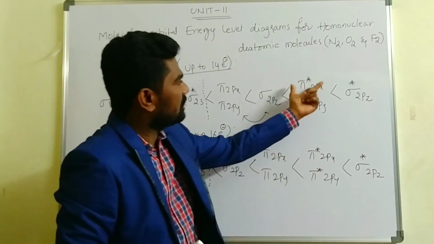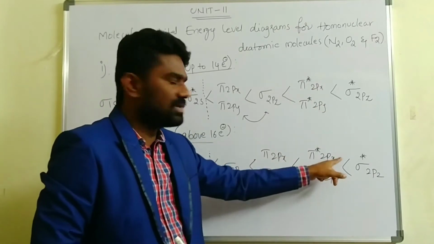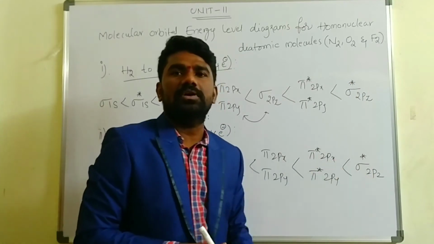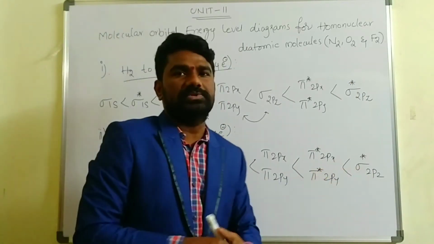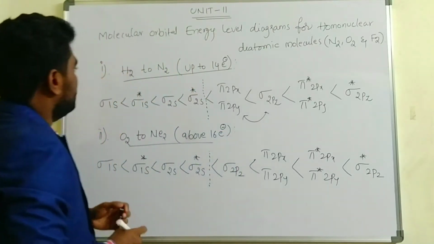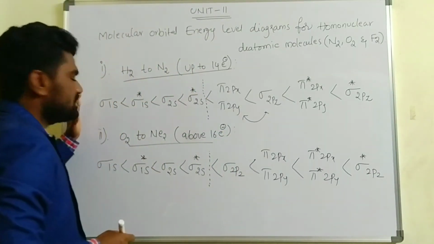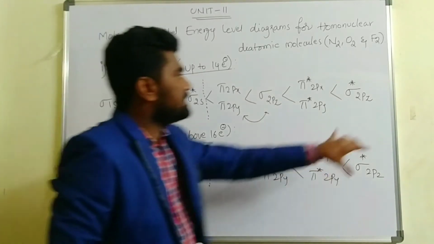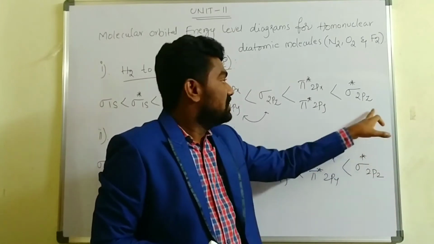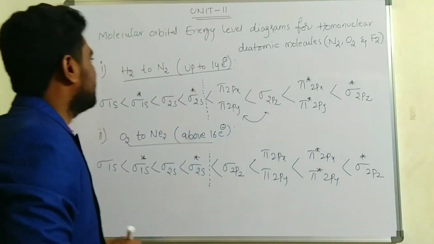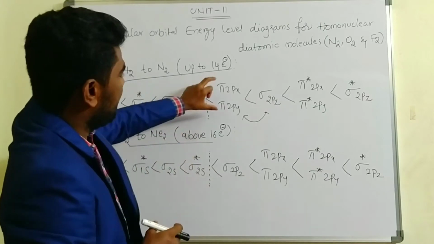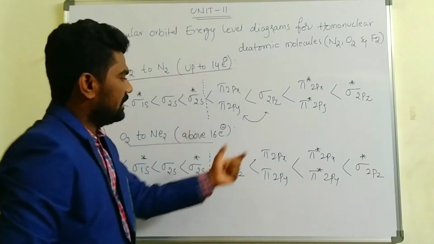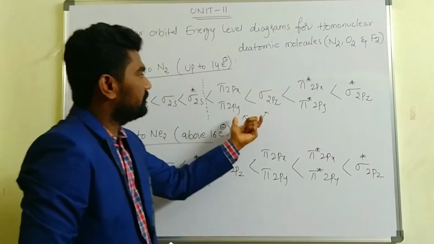Again we have pi star 2px, pi star 2py, here also pi star 2px, pi star 2py, and less than sigma star 2pz in both. In both cases the lowest molecular orbital is sigma 1s and the highest is sigma star 2pz. The change is only after sigma star 2s, isn't it? The difference is only in these two orbitals.